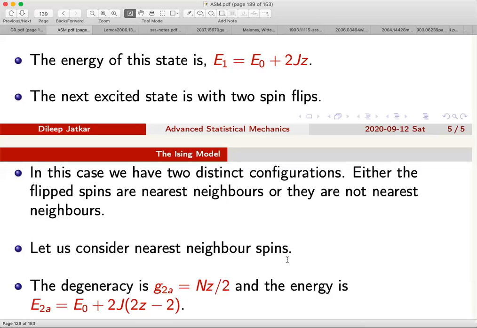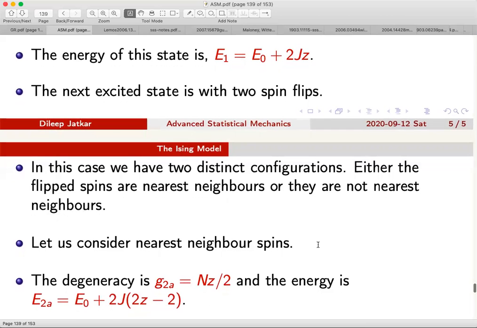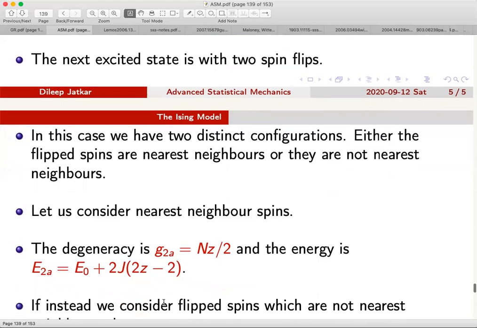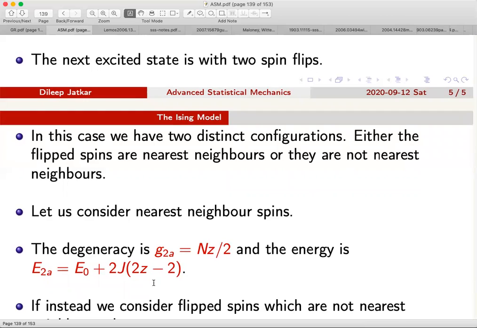Yes, sir. Okay, so then let's look at the energy corresponding to that state. The energy corresponding to that state would be the ground state energy plus 2 times J times (2Z minus 2). The way to count this is to realize that for every flipped spin you would have a factor of 2jz.